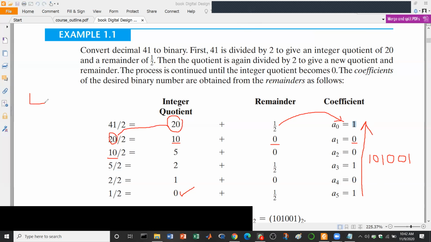So when we convert this 41 with base 10, after successive, that is, multiple divisions through this method, we get the binary number 1 0 1 0 0 1, and then we write the base here.